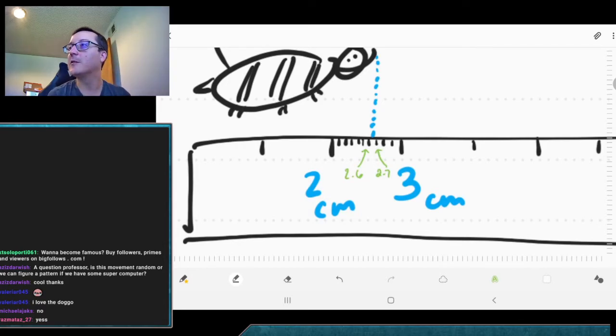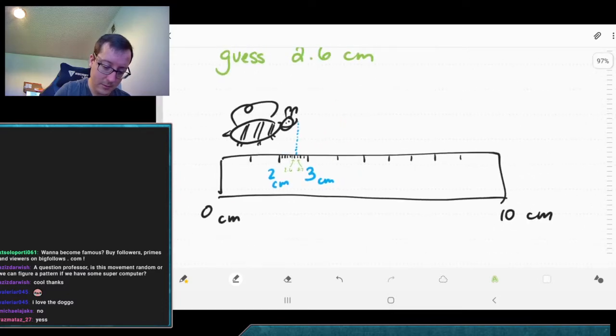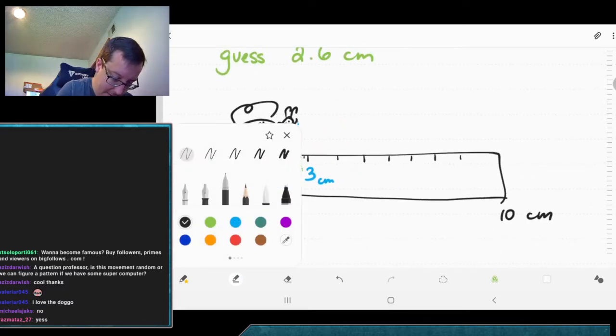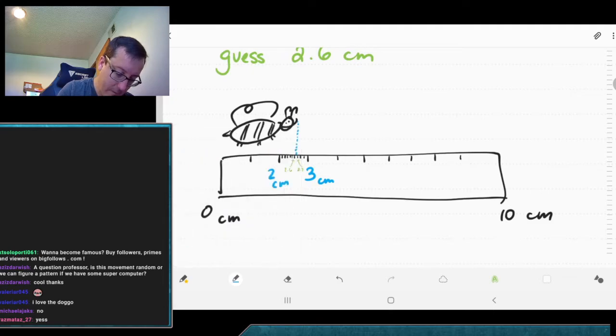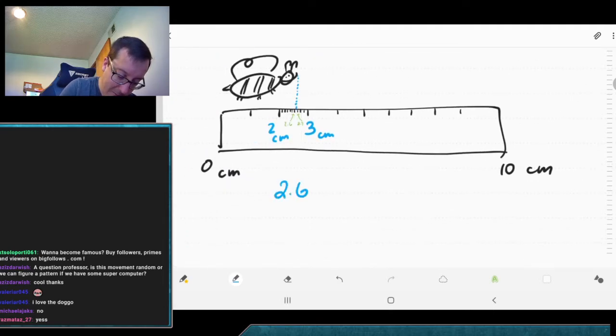Okay, so bearing with me here, we can now see that this B is in between 2.6 and 2.7. And with my drawing as is, I might say it's right in the middle of those two numbers. And so I might guess, we know it's between 2.6 and 2.7.